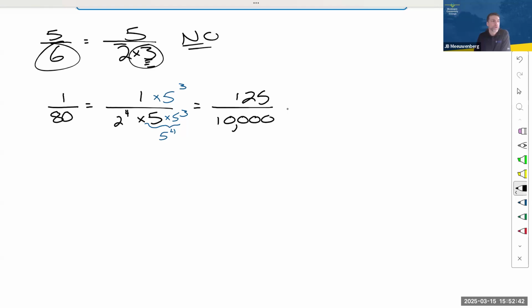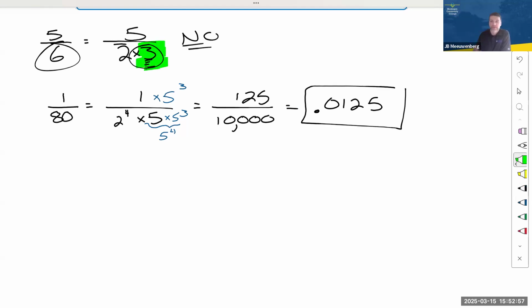Our numerator would be 125, and we would have 0.0125. 125 in that 10,000ths place. So again, the first one had a 3, so it cannot be written as a terminating decimal. The second one only had 2s and 5s, and so it was able to be written in its terminating form.